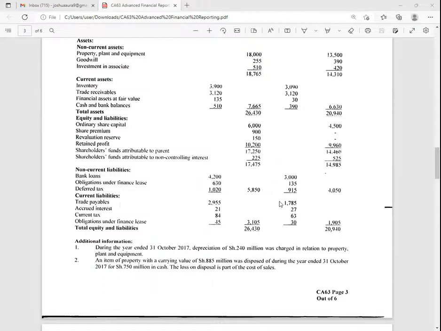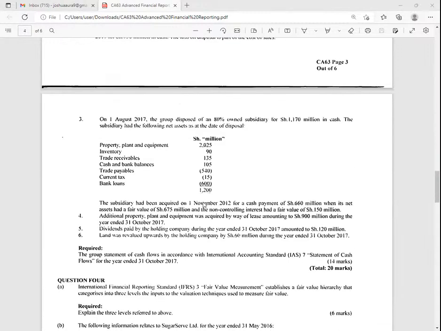1785. No, that's opening. I need to start with closing. Closing is 2955. 2955 minus opening. I have to put opening in brackets because of the adjustments. Opening is 1785. We need to ask ourselves whether the subsidiary that we sold had some payables.